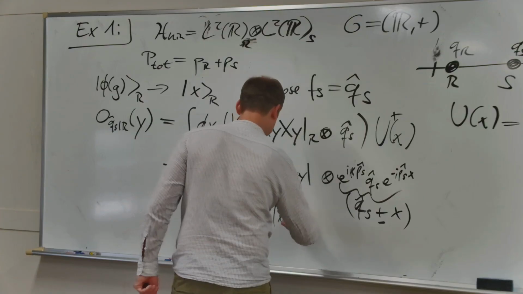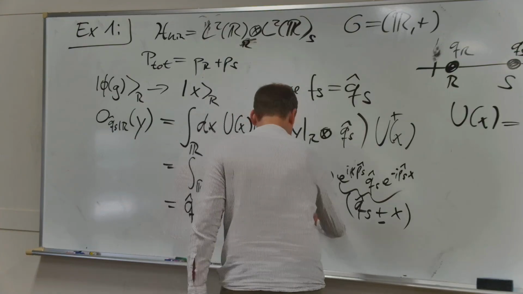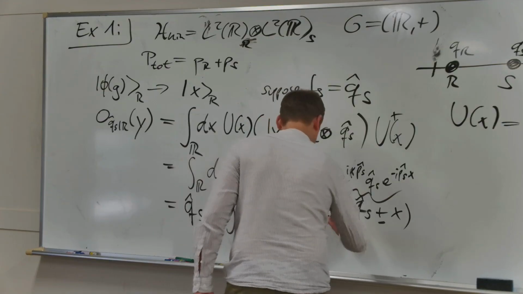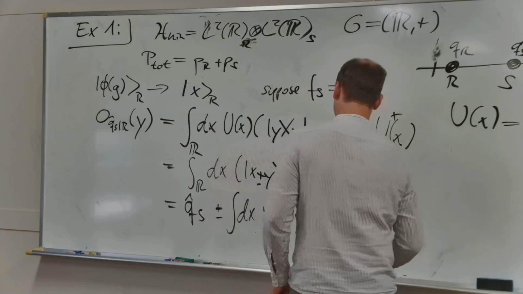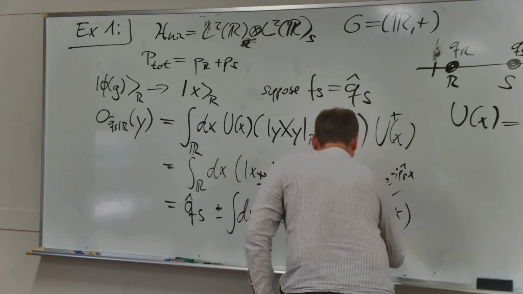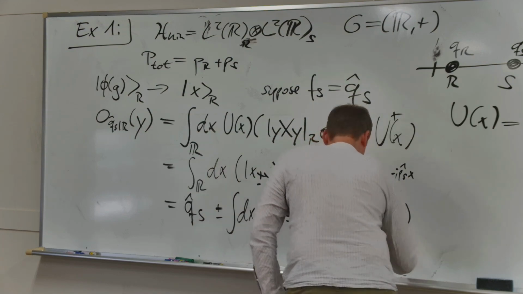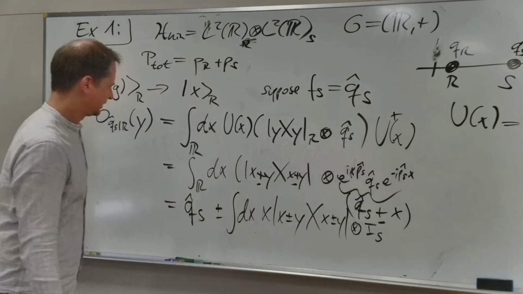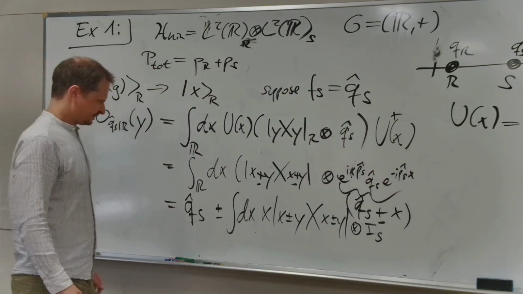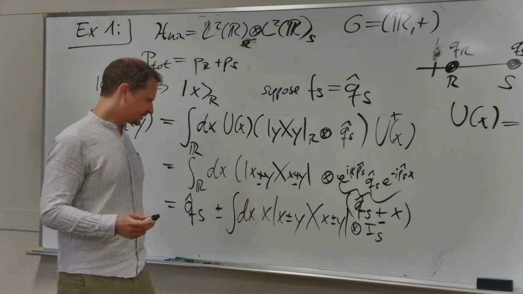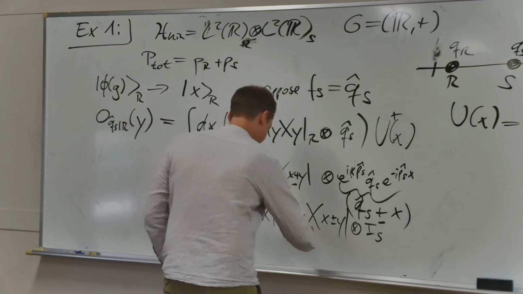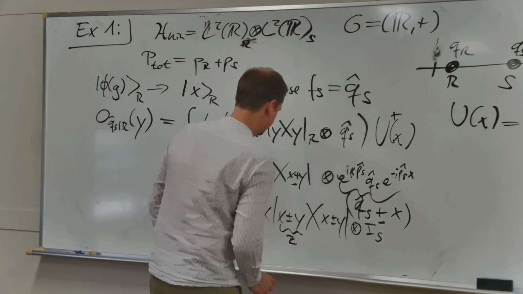It's a bit embarrassing to write plus minus, but I'm probably going to make it worse if I try. The identity on S. Perfect. So here we can do a change of integration variable. Let's call this Z.